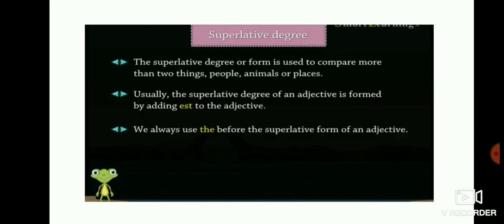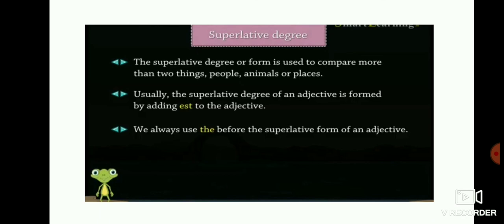Usually the superlative degree of an adjective is formed by adding est to the adjective. Comparative er, superlative est. And you have to use the before the superlative form of an adjective, for example: the biggest, the tallest, the youngest, the dullest.